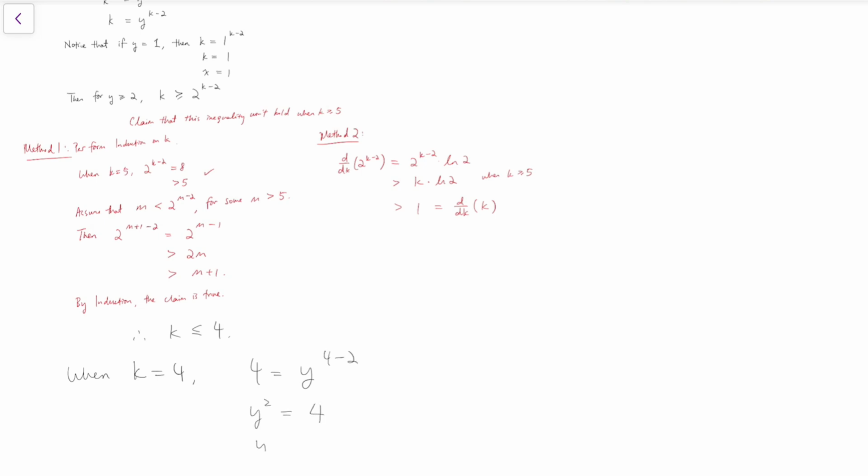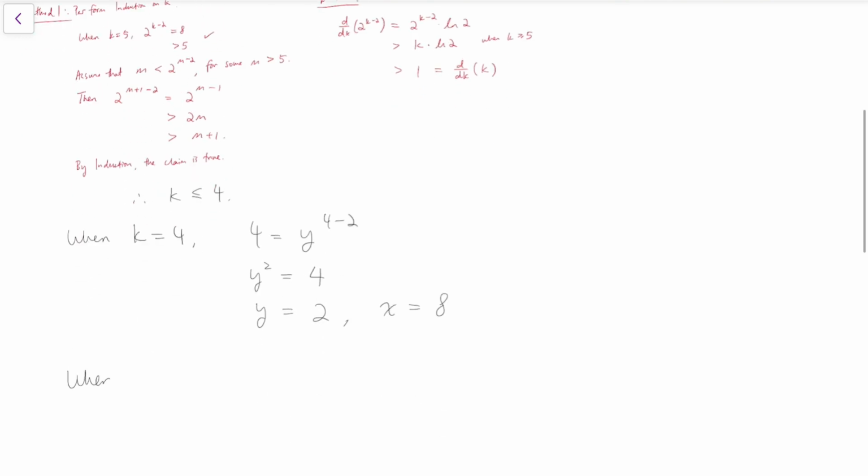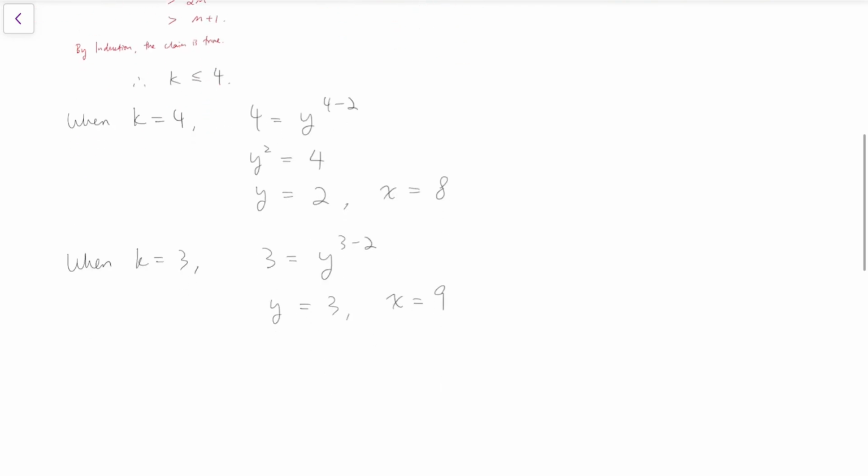So y squared equals 4, and that means y equals 2. And at the same time, x is just 4 times 2, which is 8. When k equals 3, we have 3 equals y to the power of 3 minus 2. That means y equals 3, and x equals 9.